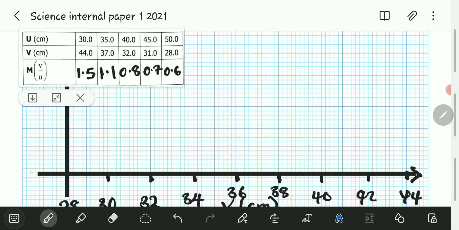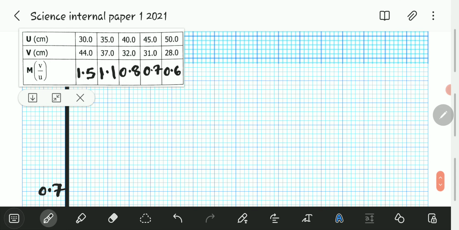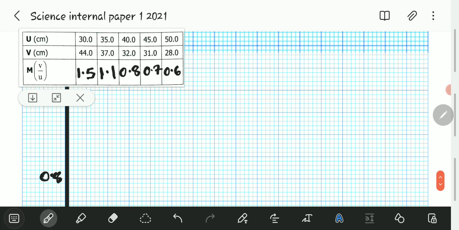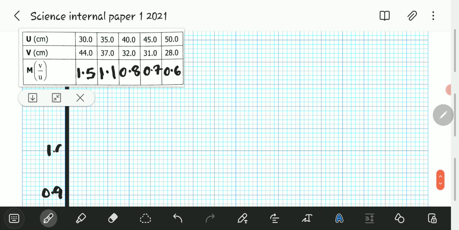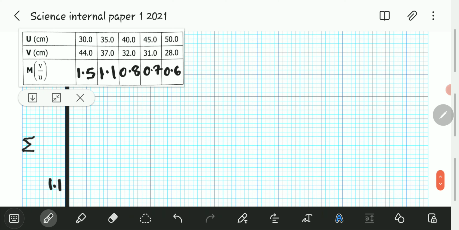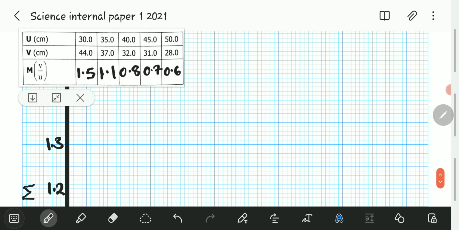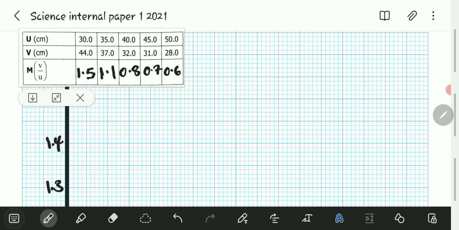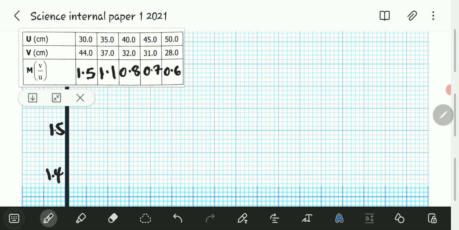So here, on this line, I'll have 0.6. So 0.6 plus 0.1, I'll have 0.7, 0.8, 0.9, 1.0, 1.1, 1.2, 1.3, 1.4, 1.5, okay, 1.5.